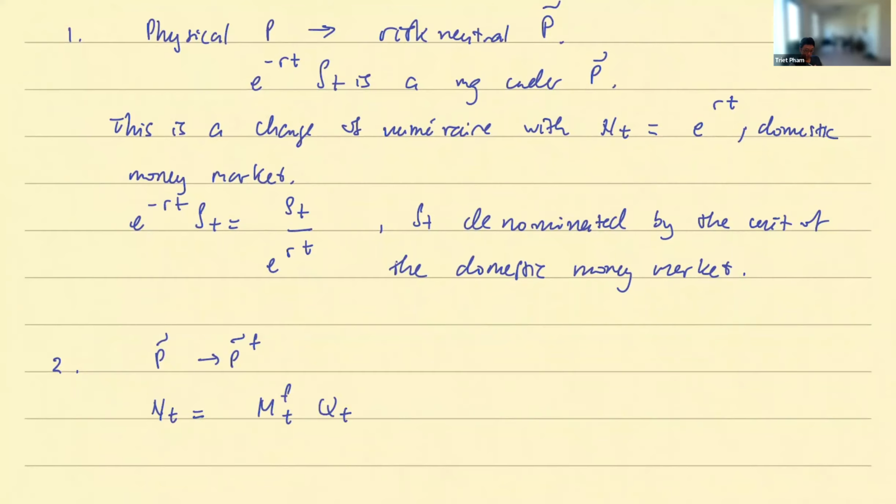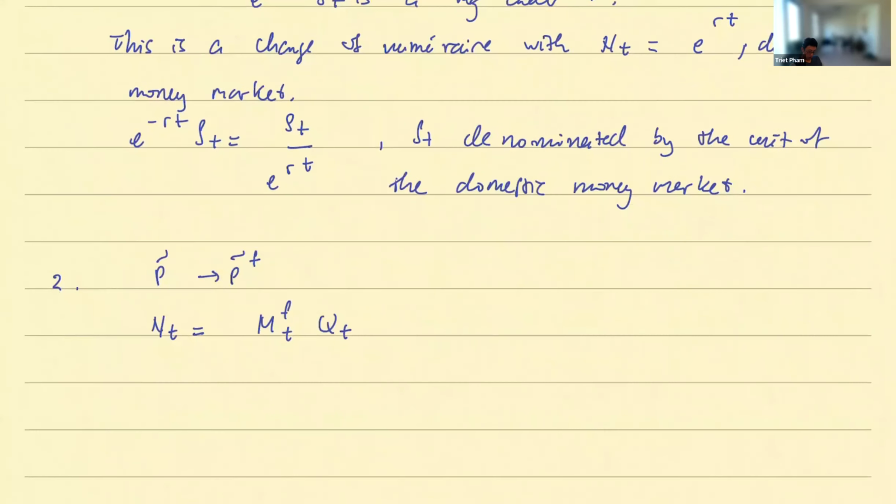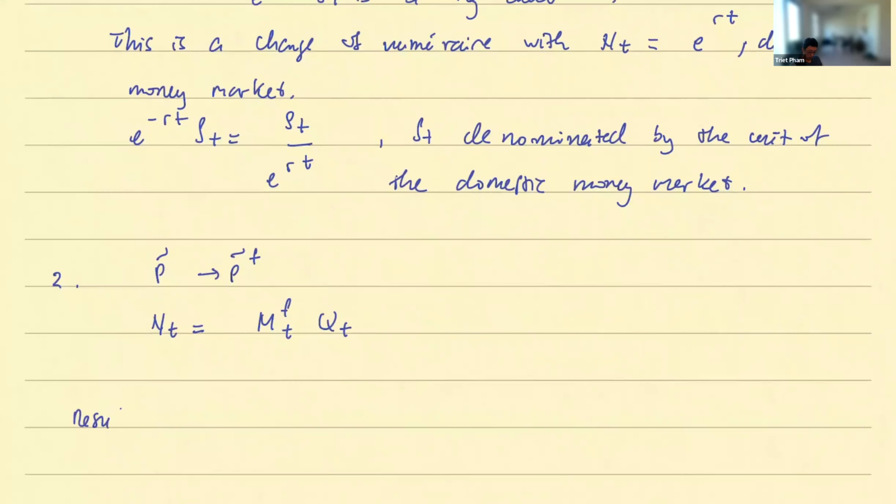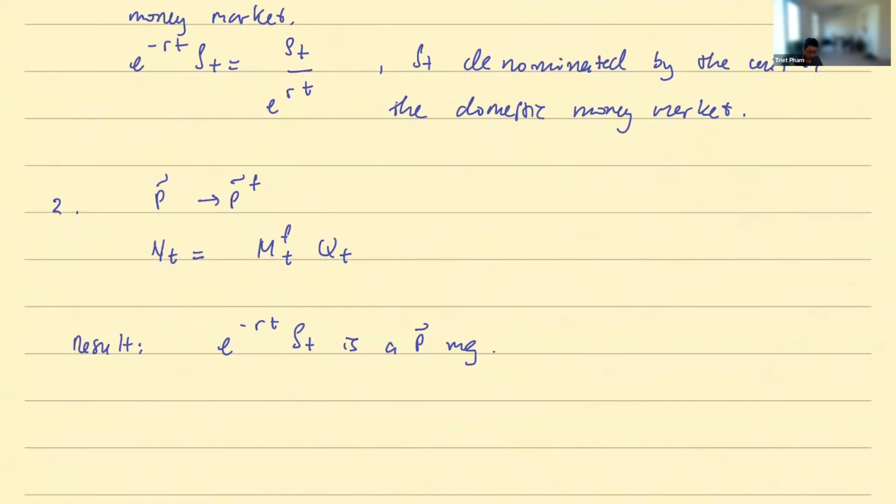So what's the result? Suppose you start out with e to the minus RT ST is a P tilde martingale, then NT itself is a martingale, so it should be e to the minus RT.